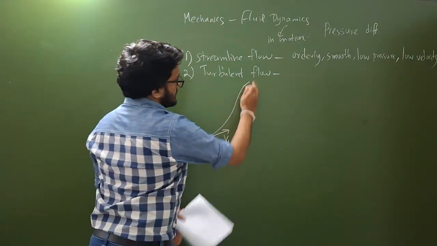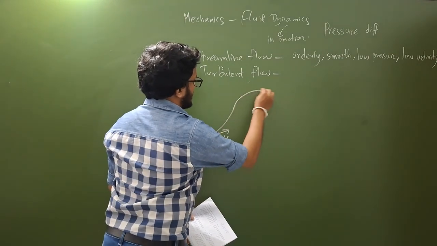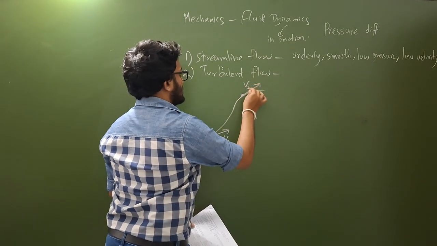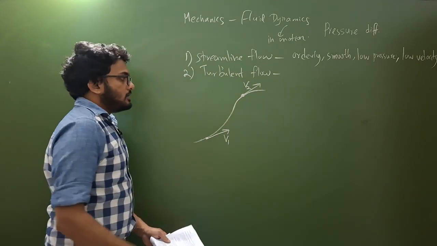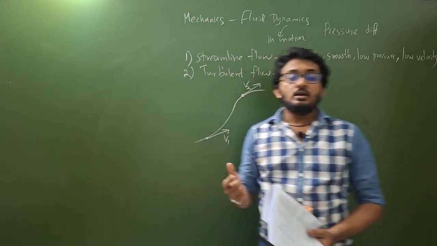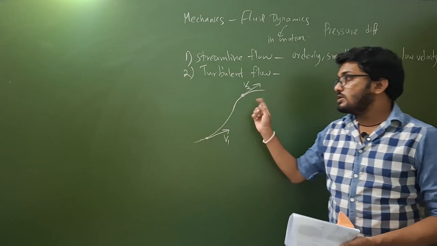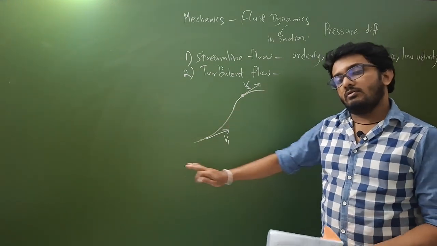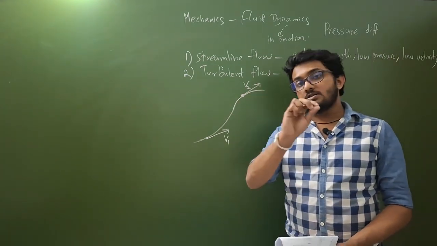So if we draw a tangent somewhere here, it gives the velocity of that fluid particle at this point. It doesn't necessarily have to be the same velocities, it can be different velocities. So this is v1 and this is v2, and directions are also different. So this is called a streamline. So what is a streamline? The path followed by a particle in a streamline flow.